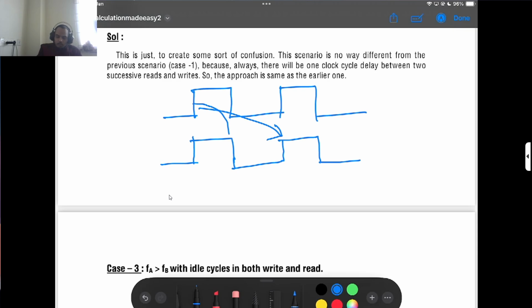But in this clock cycle, if it wants to deliver the data, it's not possible to capture in this cycle. It's just the previous problem in a different way. If the module is positive edge triggered, then at this time the data will be transferred.